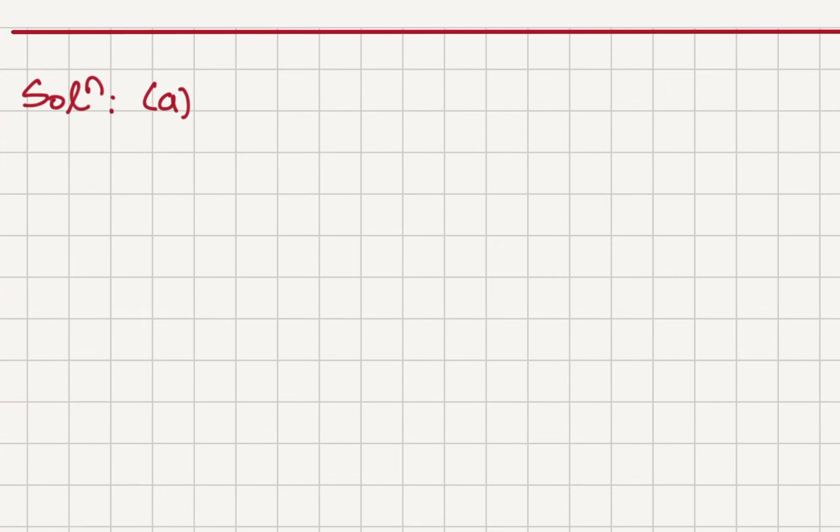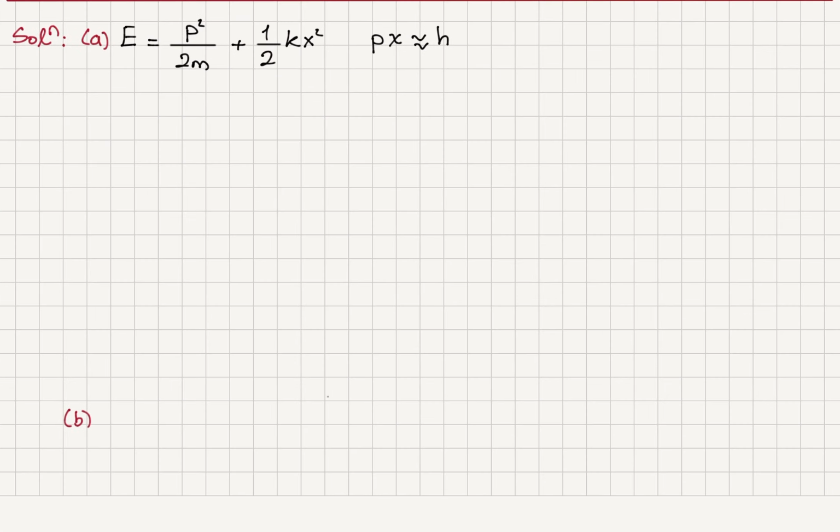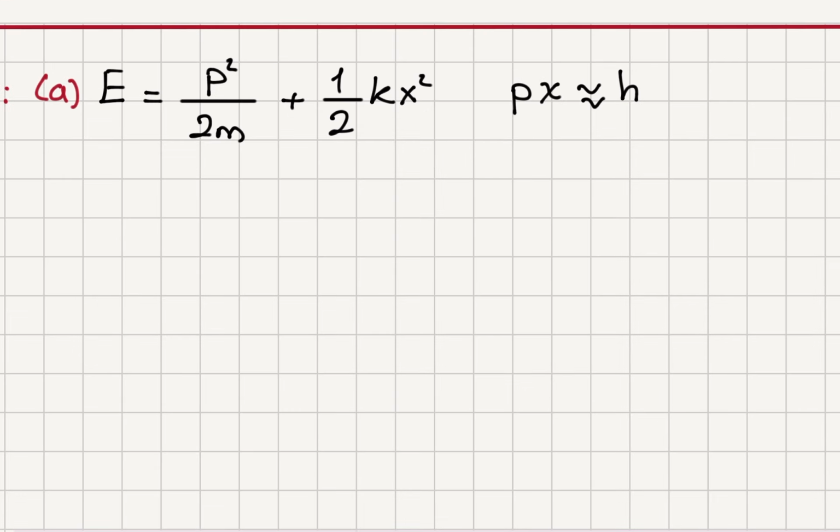Okay, so the energy of this particle, which is in the potential of a harmonic oscillator, is p²/2m, its kinetic energy, plus 1/2 kx², the potential energy, and we have p and x related by Heisenberg's uncertainty principle, p times x approximately equal to h.